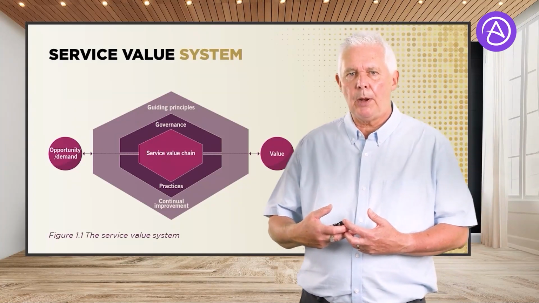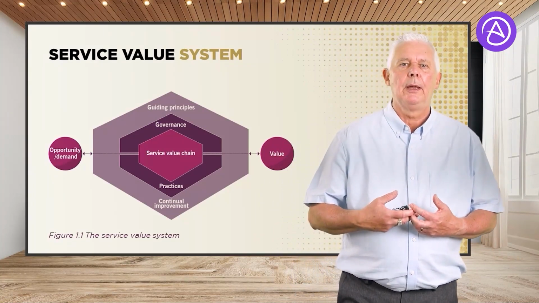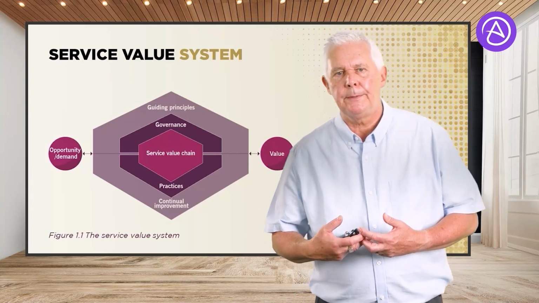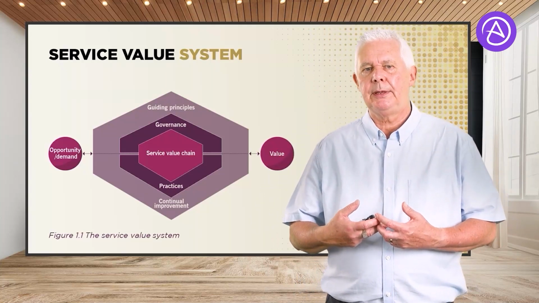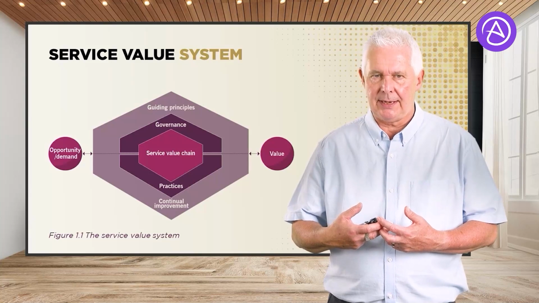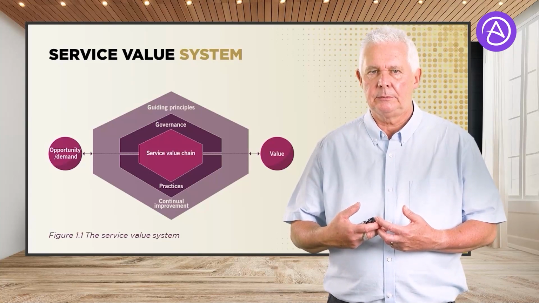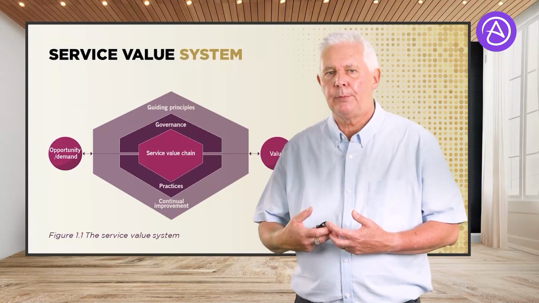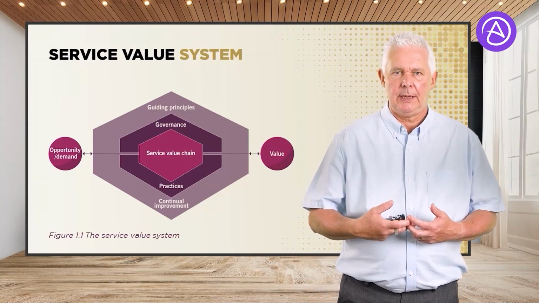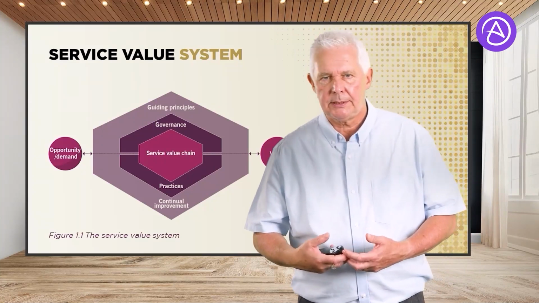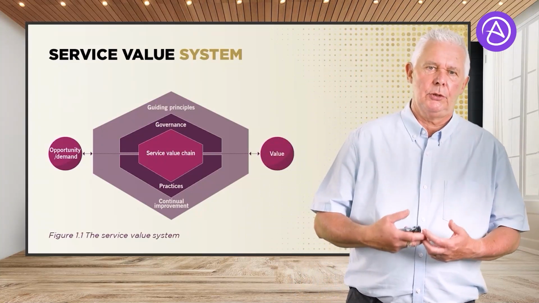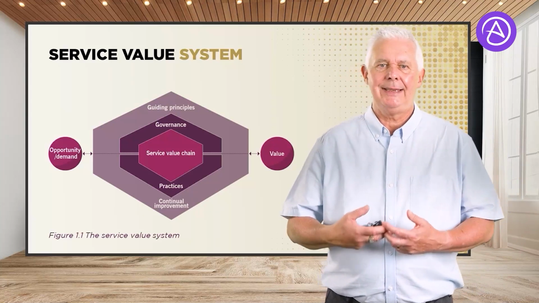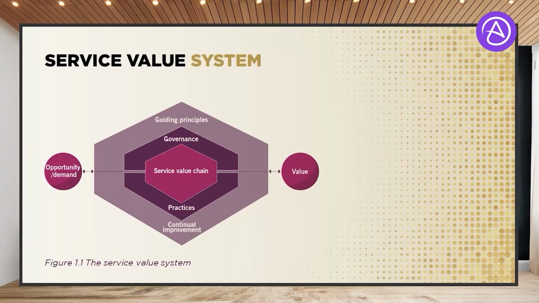If we go from the bottom of the graph up, we've got continual improvement. Continual improvement is something that really applies to everything in the service value system. Whether it's people, practices, processes, tools, value streams, anything and everything. This is quite a big difference from ITIL version 3. ITIL version 3 talked about continual service improvement.